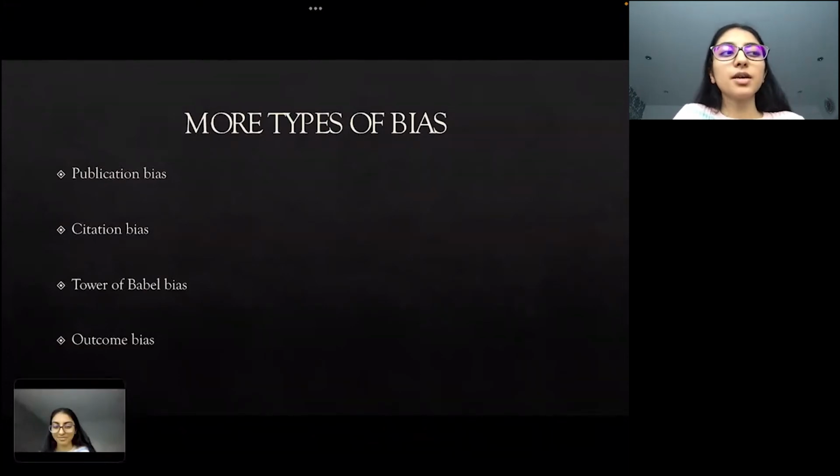There's also duplicate publication bias. This introduces bias into meta-analysis, and that puts the results of the same paper in more than once, which would skew the results. There's also citation bias.